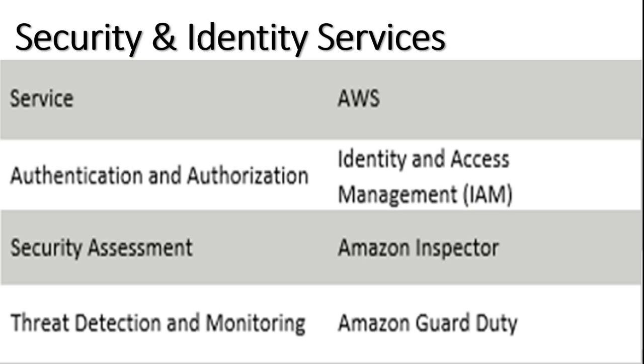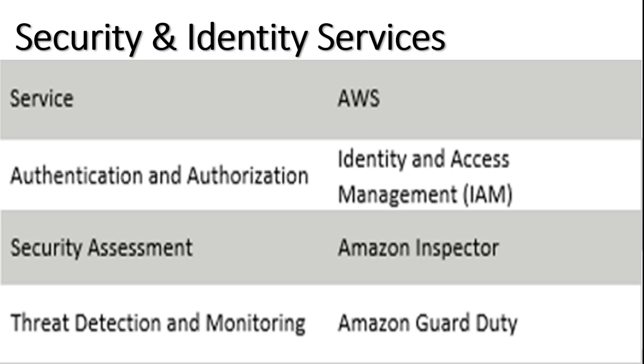Next up we have Amazon Inspector. It is a security service. Amazon Inspector is an automated security assessment service that helps improve the security and compliance of applications deployed on AWS.